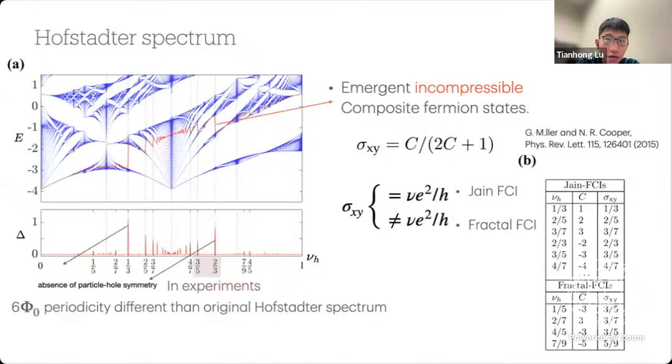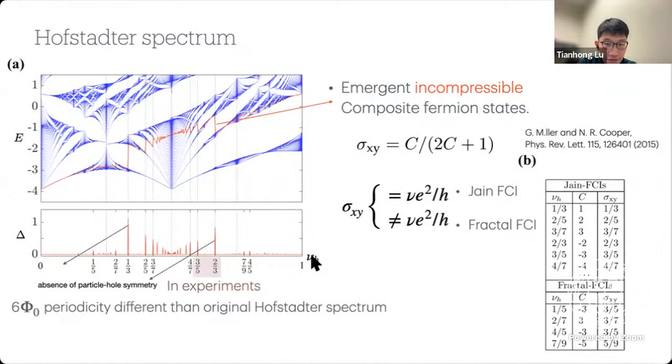There are two types of structures in the spectrum. The first is many small fractal structures. The second is a Landau fan structure branching out from half filling, as you can see, these thin lines.